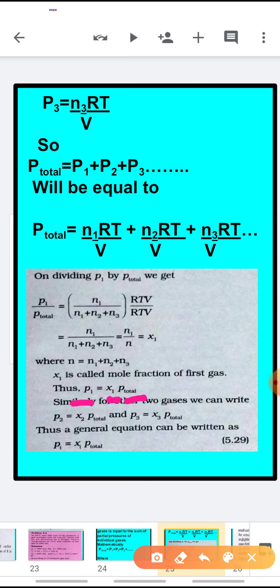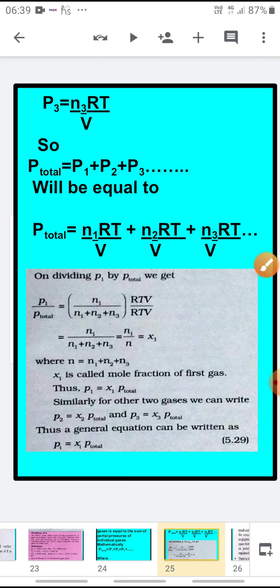That is PA equals P total into chi A. Similarly, P2 will be equal to P total into chi 2, and thus the equation can be written as P1 equals chi 1 into P total. That means for a mixture of gases, you can find the partial pressure by using the mole fraction, if you know the total pressure also.